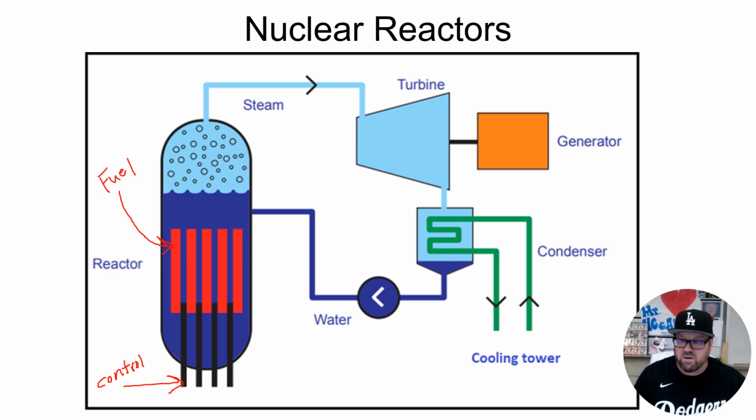And this is what produces the electricity to go out into society. Now, that steam will then go through a condenser, which will force it back into liquid form, and that water will get pushed back to the reactor to cool it and then boil again. So it creates this really nice loop of clean energy.